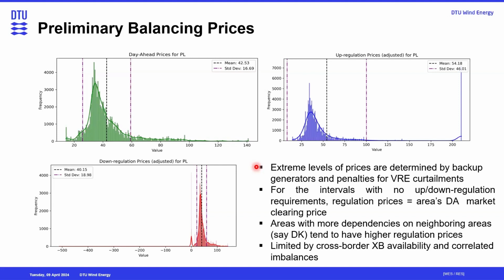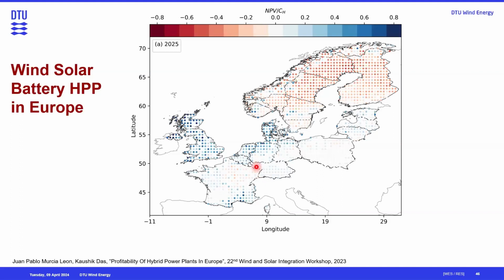Even with down regulation prices, we see that it goes up to 500 euros per megawatt hour. Okay, so this was a small example. We have much more results, but for the sake of time, we also use this for system level studies.